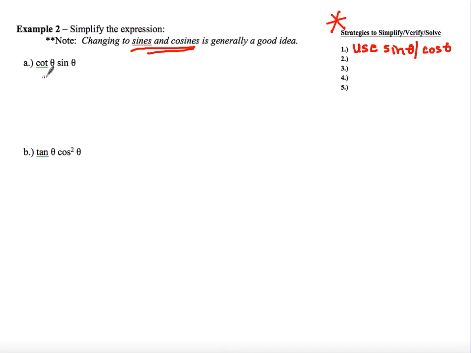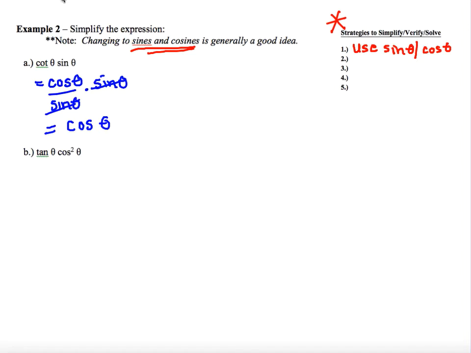And with that quotient identity, I'm going to say that the cotangent is the same as cosine of theta over sine of theta. And I'm going to multiply that by the sine of theta. Now, when I do that multiplication, what happens, of course, is that the sines are going to disappear, and that's going to simplify to the cosine of theta. And that's my final answer for letter A.